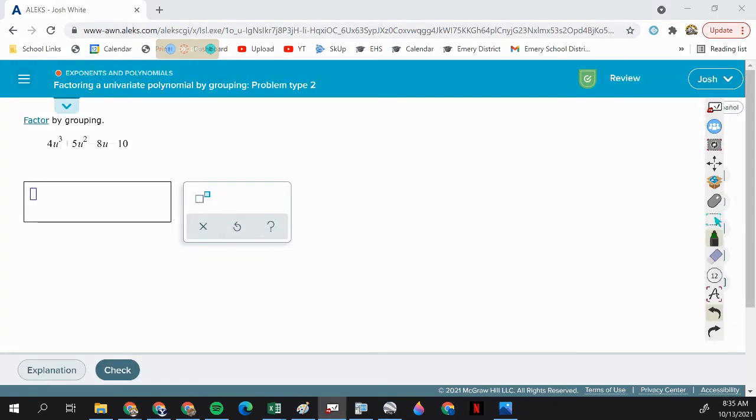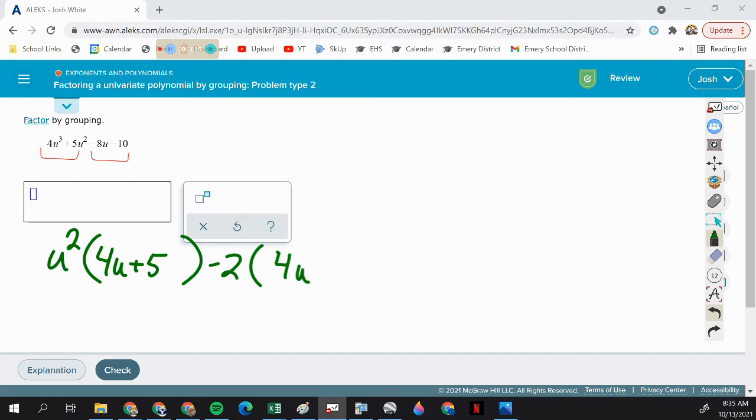It's a cubic polynomial, so we're going to factor by grouping. I'm going to pull out a u squared from the first set, and I'm left with 4u plus 5. What should I pull out of the second set? Negative 2. So I pull out a negative 2, and I get 4u plus 5.